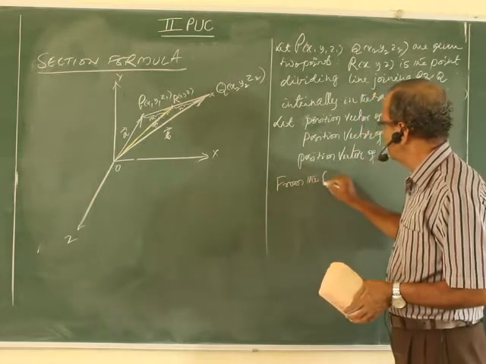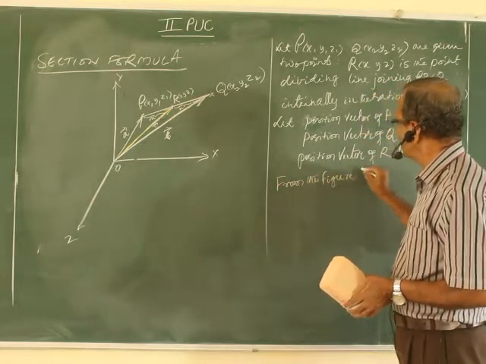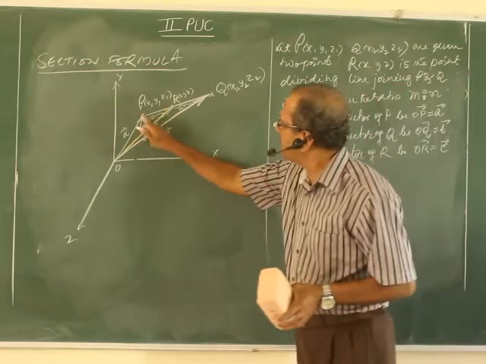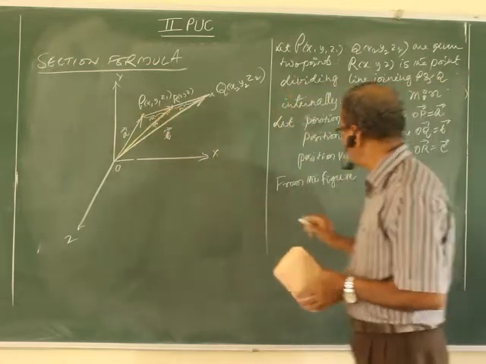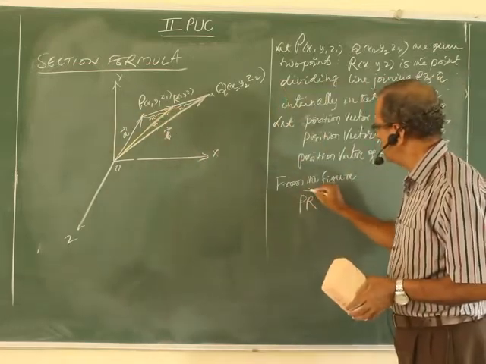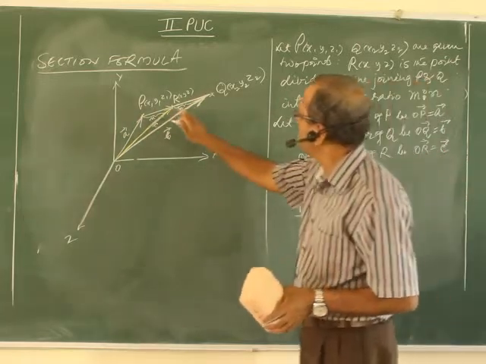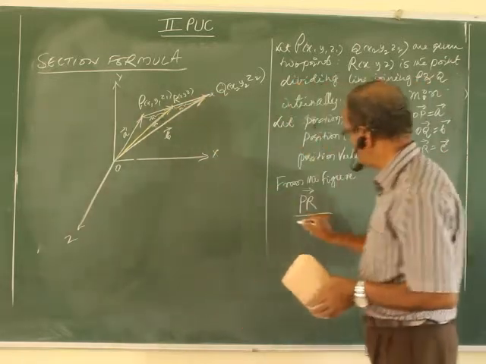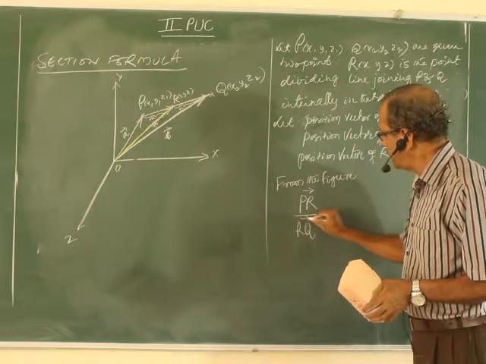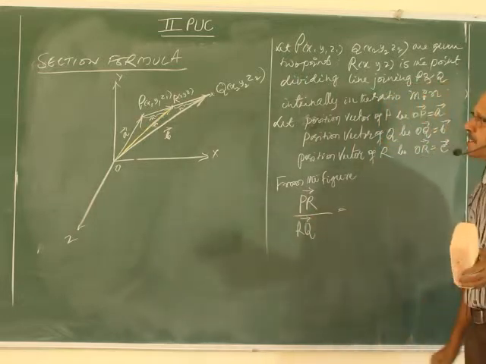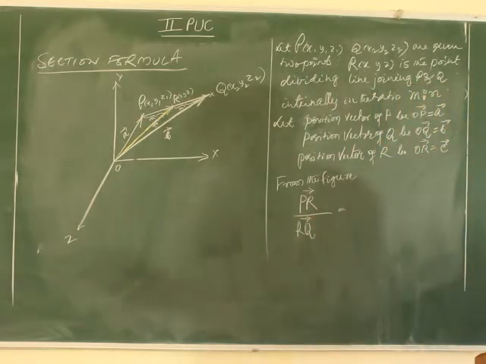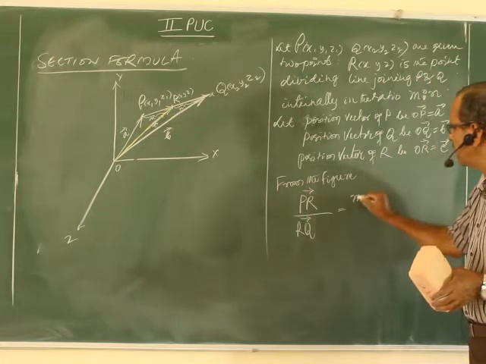From the figure, vector PR divided by vector RQ equals m divided by n. Correct, no?